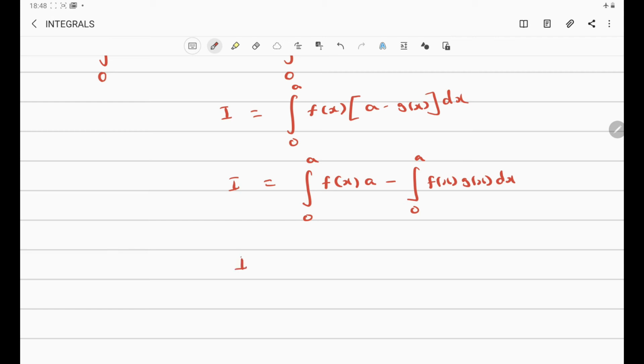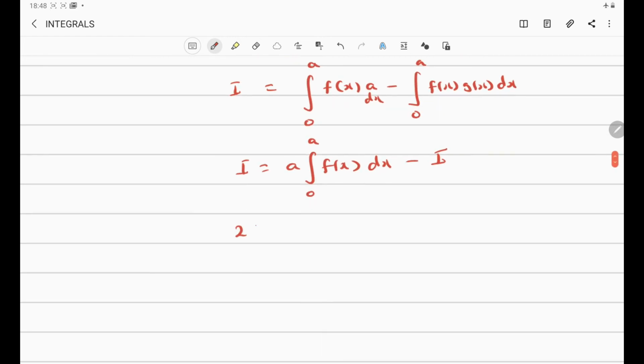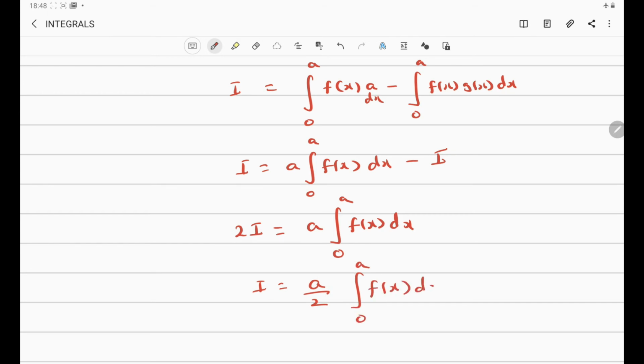So we will get I is equal to integral 0 to a, a is a constant, into f of x dx minus integral 0 to a f of x g of x dx, nothing but I, or we get 2I equal to a into integral 0 to a f of x dx, or I is equal to a by 2 times integral 0 to a f of x dx.